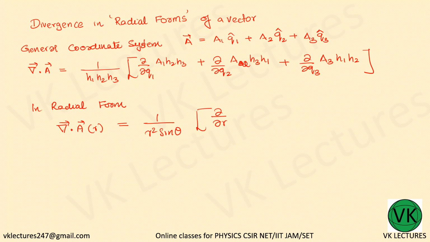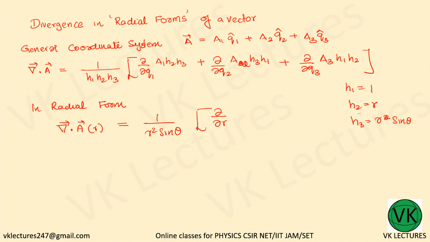What is h1? h1 is 1, h2 is r, and h3 is r sine theta. So h2 h3 means r and r sine theta, so r square sine theta will remain.